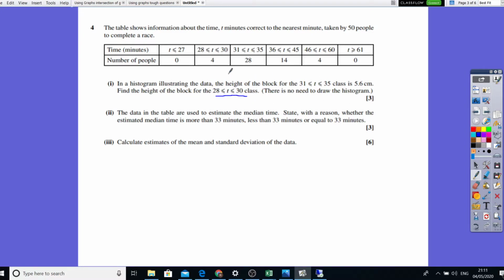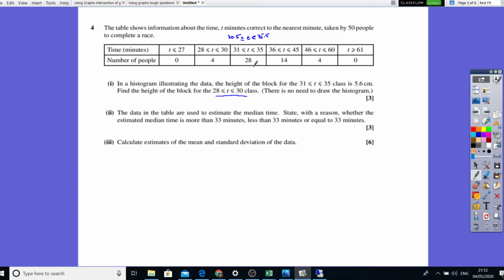Okay, let's just quickly do this here. So let's put the interval here for t. This is going to be 35.5, and this is 30.5, because 31 was rounded down to 30.5. So the difference there is going to be 5.